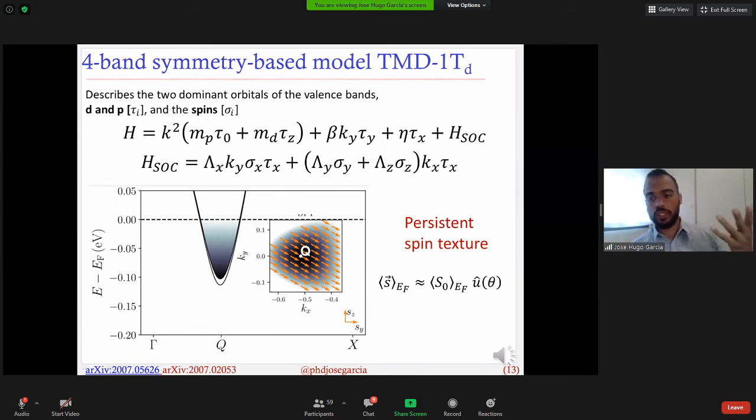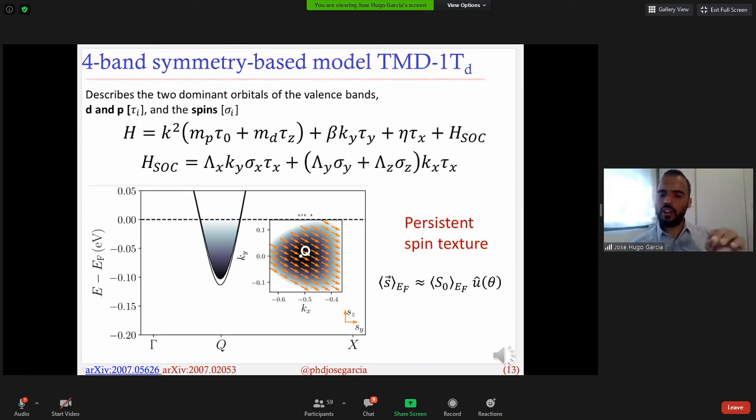So using the DFT calculation, we built a model and we parameterized the model using the band structure. And what we found is something interesting. Around this Q point, which is the important point for the transport calculation, you have this spin texture that has a shape very similar to the spin texture that you expect for spin-momentum locking. But when you look at the actual spin texture, you see something curious, which is a persistent spin texture.